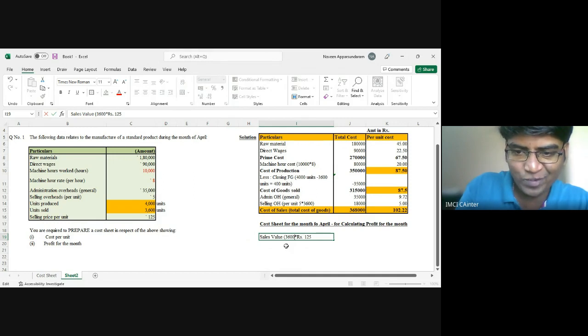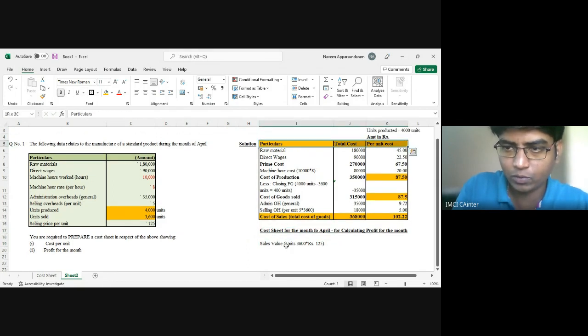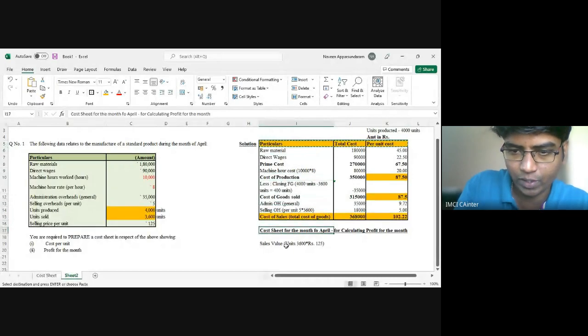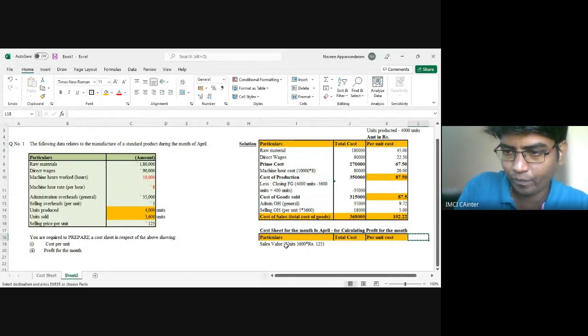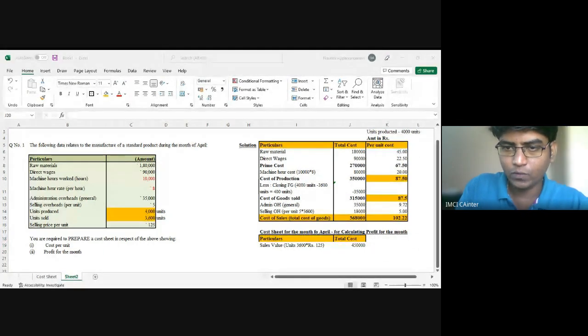Rupees 125 and units 3,600 units, so 125 rupees. So this is going to be my sale value. Similarly, take the total cost, not per unit. So it is 4,50,000.